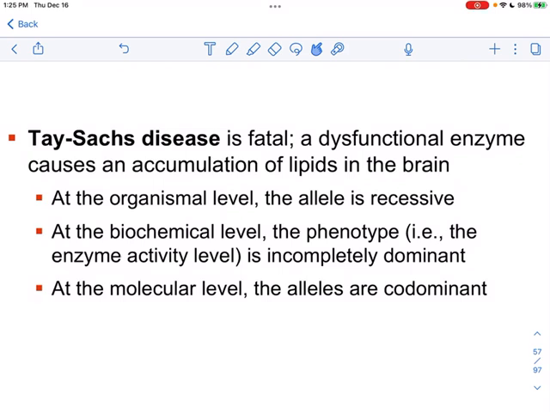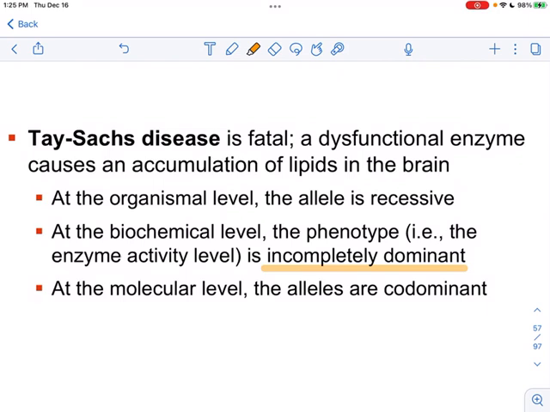But there's enough enzyme being made that prevents the symptoms from being displayed at the organismal level. So at the biochemical level, this genotype is actually acting as incompletely dominant because it is forming an amount of enzyme that is intermediate between the homozygous dominant individual and the homozygous recessive individual.